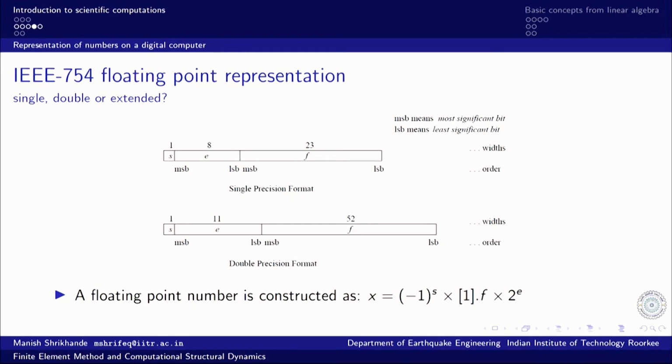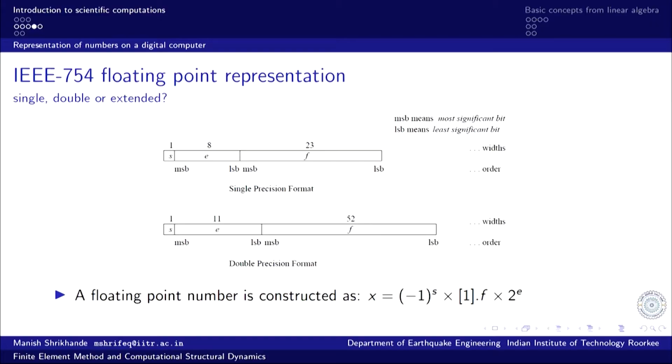The remaining 23 bits are the fractional bits of the mantissa, after the binary separator, the fractional point, representing the coefficients of negative powers of 2. So, b1 multiplied by 2 raised to the power minus 1, plus b2 multiplied by 2 raised to the power minus 2, and so on. That is the representation of the single precision format.